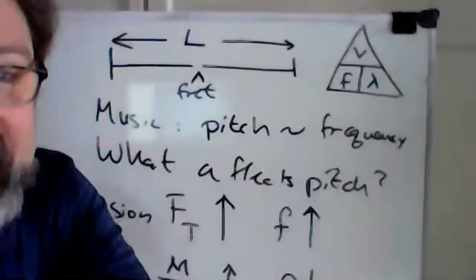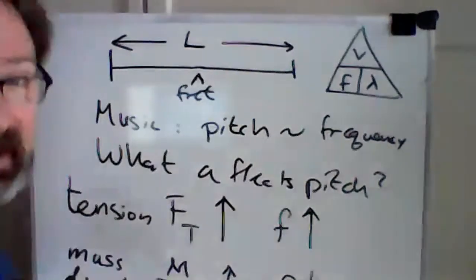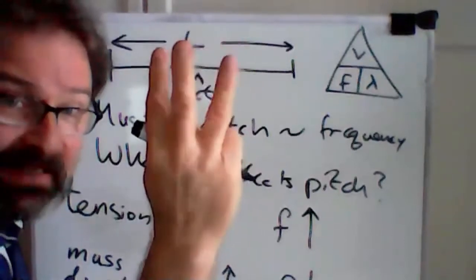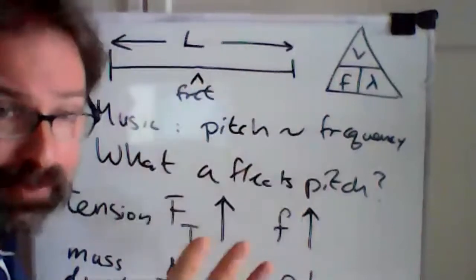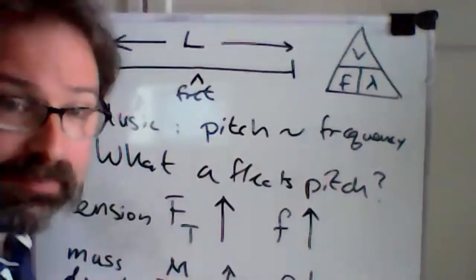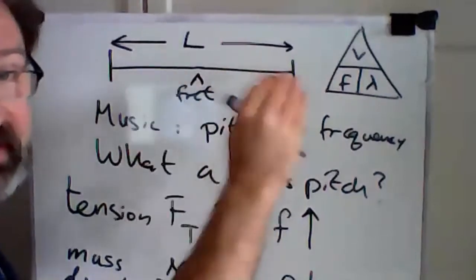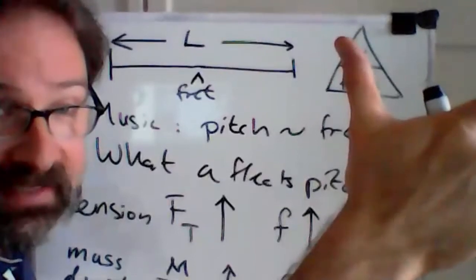Couple things about that. First things first. Taking a look at this string, we talked about three properties: the tension, mass density, and the length. Two of those are actual properties of the physical environment. We have a string made up of a certain material that has a certain tension in it.